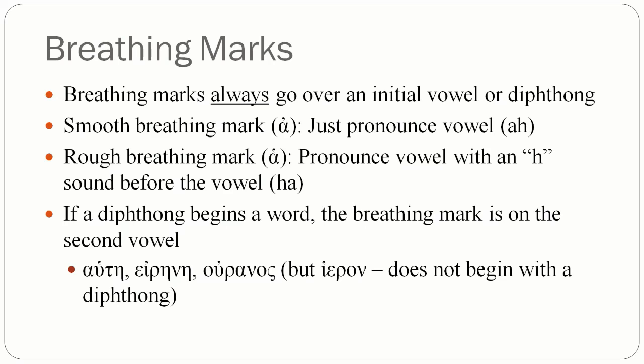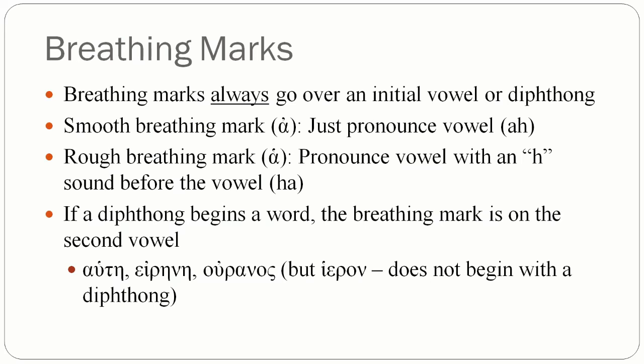In this font, it kind of looks like an apostrophe in English. So it curves around, and the curve opens to the left there. If you see that, it is a smooth breathing mark, and you would just pronounce the vowel sound.